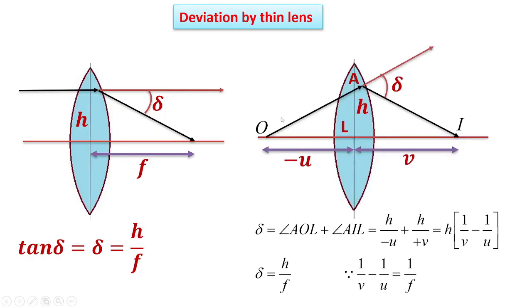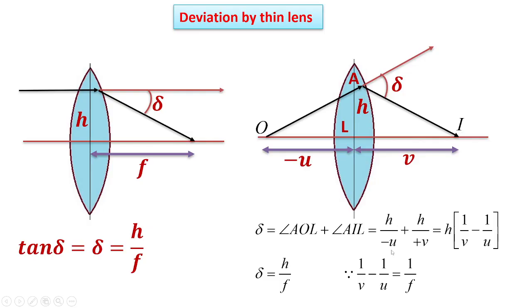Suppose there is an object kept on the left hand side of the lens, at a distance OL, which is U. As per sign convention, it is minus U, and LI is V. So the deviation produced by this lens on the incident ray is given as angle AOL, where O is the object, plus angle AIL, where I is the image.